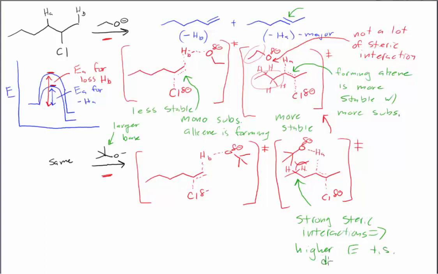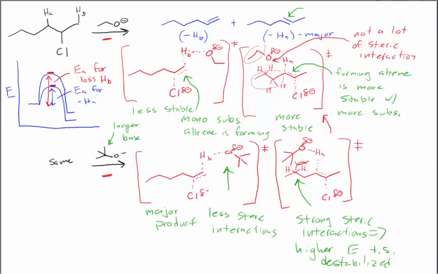So it's destabilized. And over here, less steric interaction because our base is on the outside of the molecule. HB is much more accessible. And so now we know, of course, that this is going to be the major product.